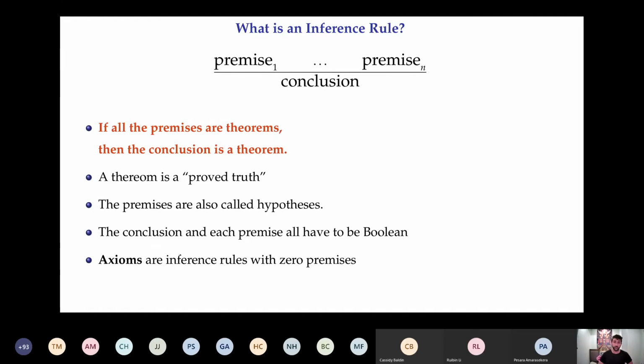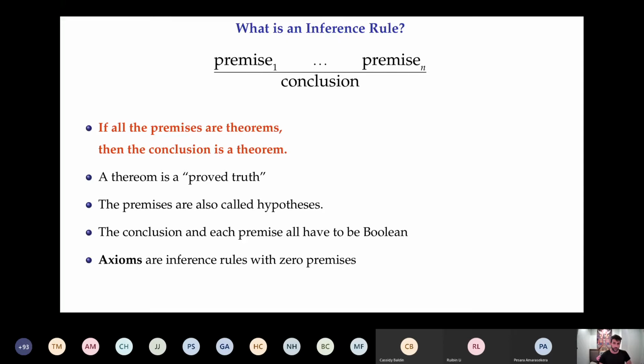Whereas an inference rule says, if you have these and they are known to be true, then the conclusion will be true in all states. The distinction is very subtle. One talks about all states versus a particular state.